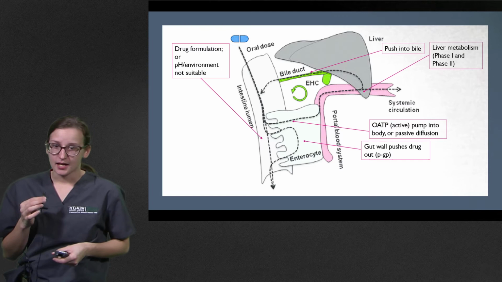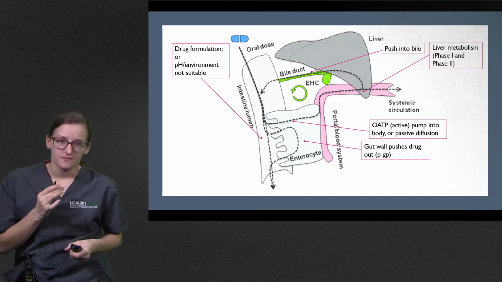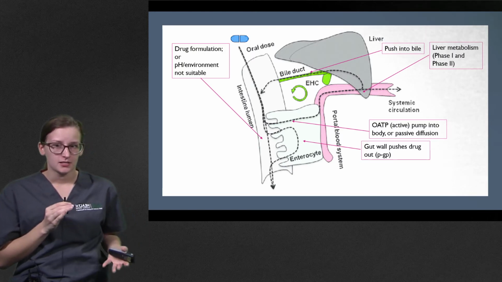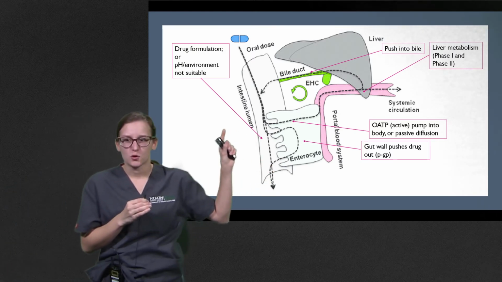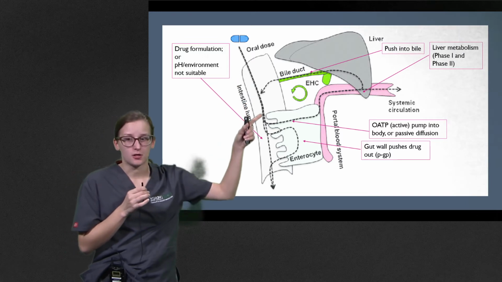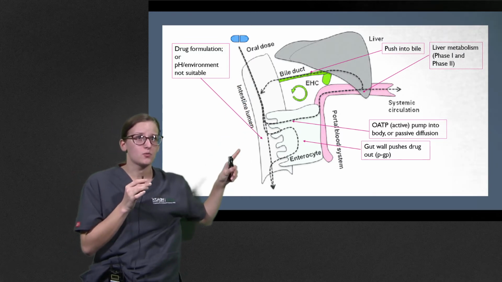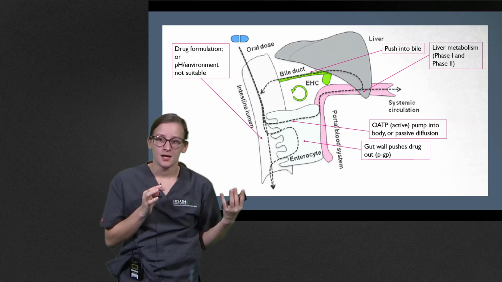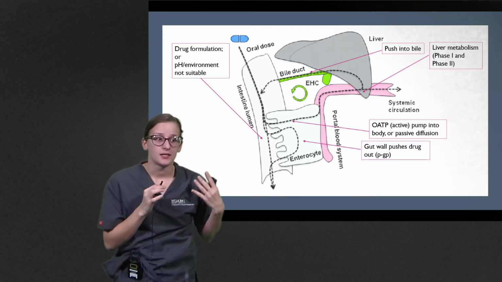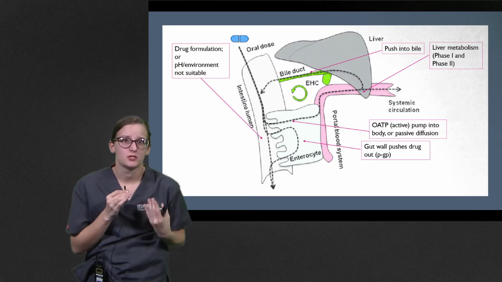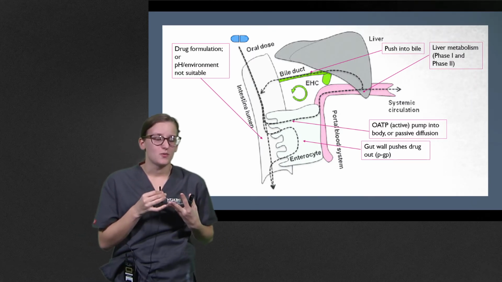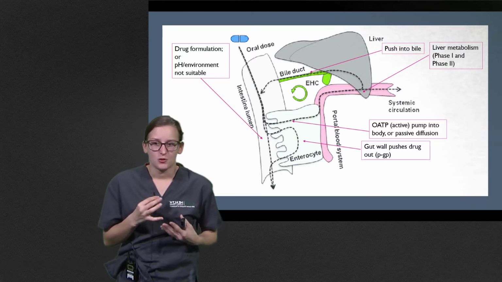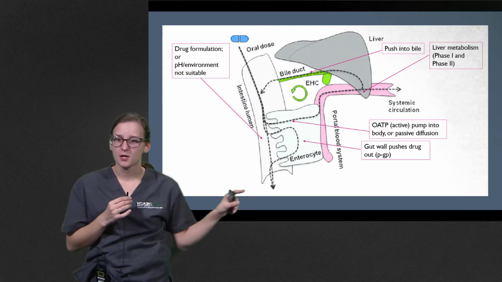And then here is another way to look at the different effects of different factors that change absorption of different molecules. So over here, drug absorption. Maybe the drug just never gets absorbed at all because it gets formulated in such a weird way that the body doesn't accept it and it gets excreted immediately. Or sometimes the pH, like maybe your gastric acid wasn't acidic enough to dissolve it, or maybe it was too strong against small intestine pH to be able to break open. Over here we have the gut wall.